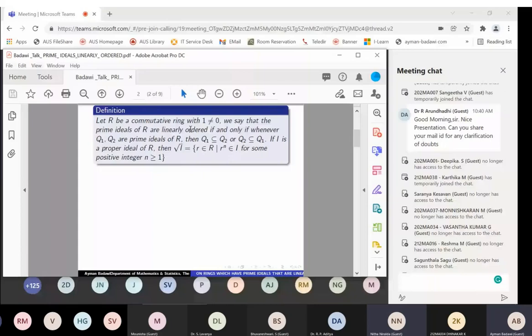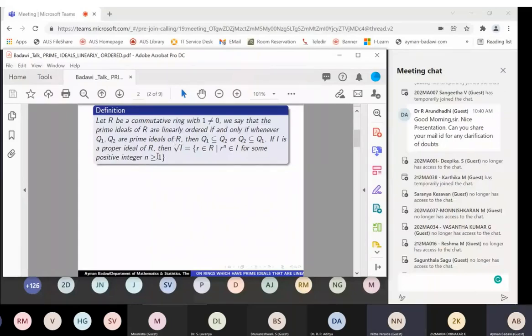If and only if, whenever you have two prime ideals Q1 and Q2 of R, then Q1 is a subset of Q2, or Q2 is a subset of Q1. That's the definition of linearly ordered. Whenever you have two prime ideals, one of them has to be a subset of the other.